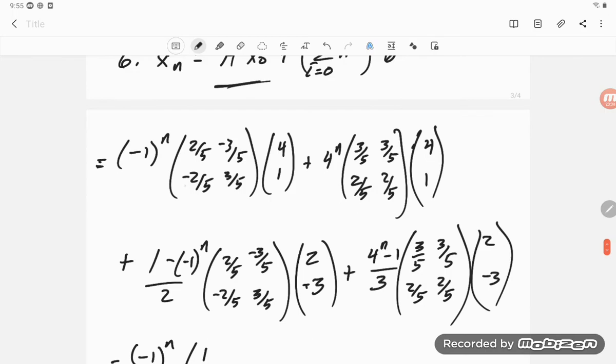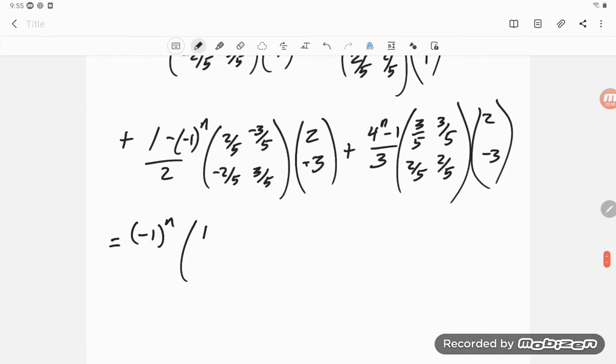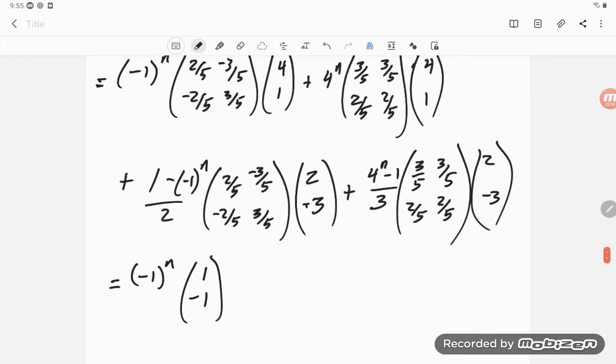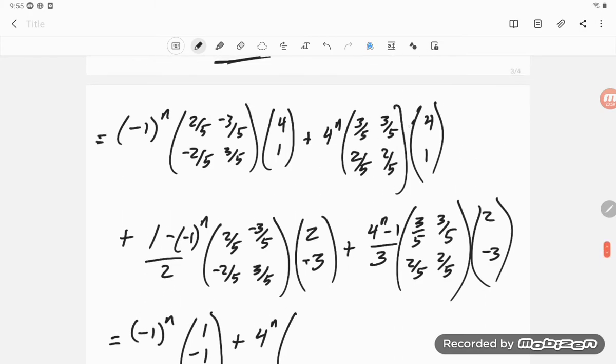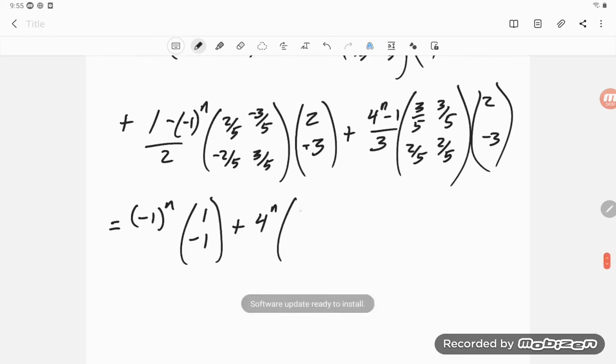And -8/5 plus 3/5 is a -1. That's interesting. I'll have to think about that. Plus 4 to the n. And we get 12 plus 3 is 15.